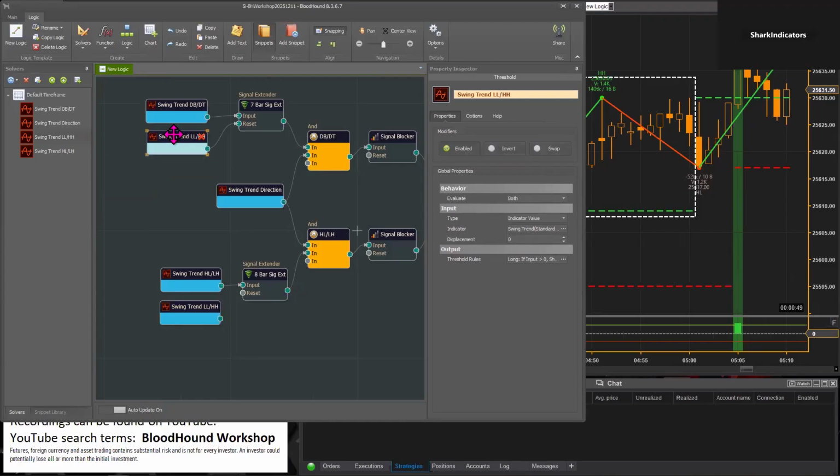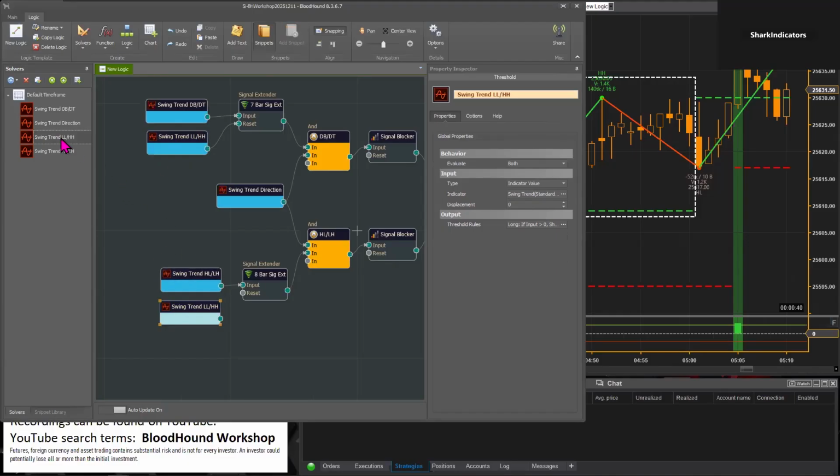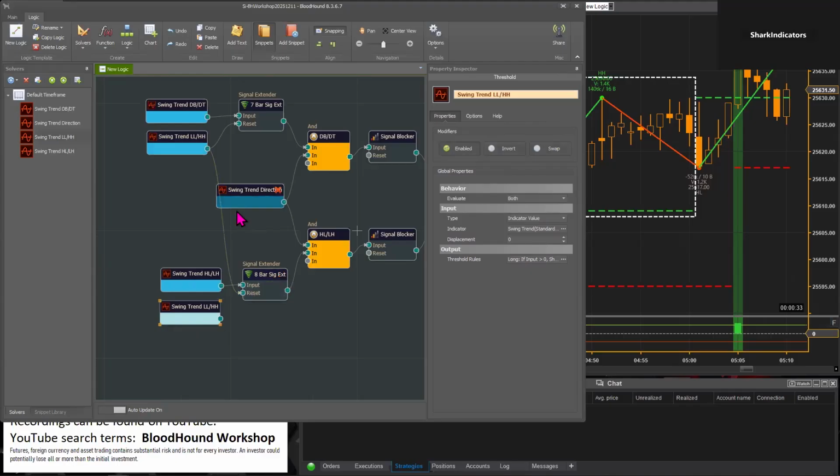So if I change one, it changes the other. So this is just a visual representation of the same node here. I could have dragged it all the way down, but I didn't want that long line. It's just a matter of preference. It looks cleaner to me like this.